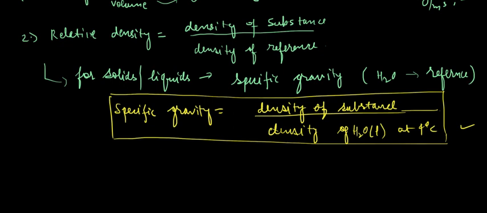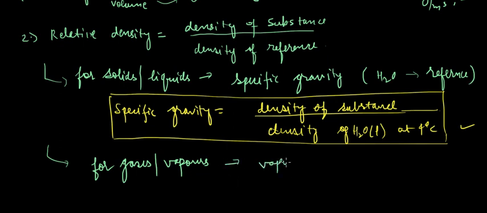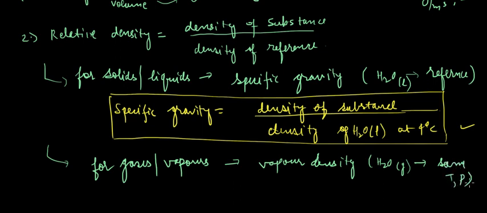And for gases and vapors, we use the term vapor density. Again for that we use H2O(L) and H2(G) at the same temperature and pressure at which the gas also exists.